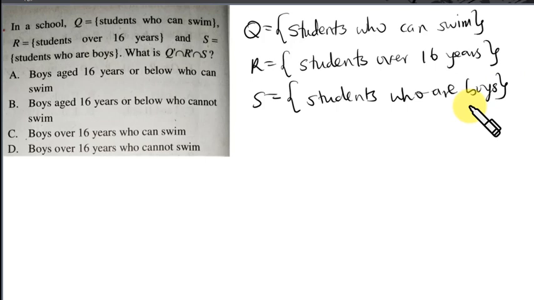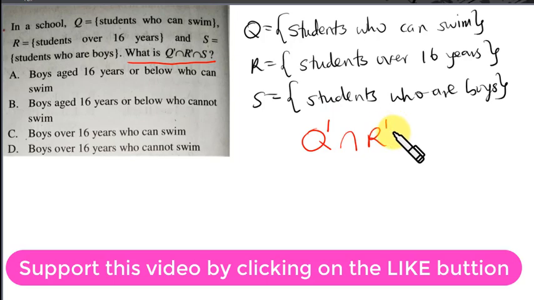We have three sets, but what are we to find? The question says, what is Q prime intersection R prime intersection S? So we have to find Q prime intersection R prime intersection S. When we say prime, it means the complement, that is, not that set.